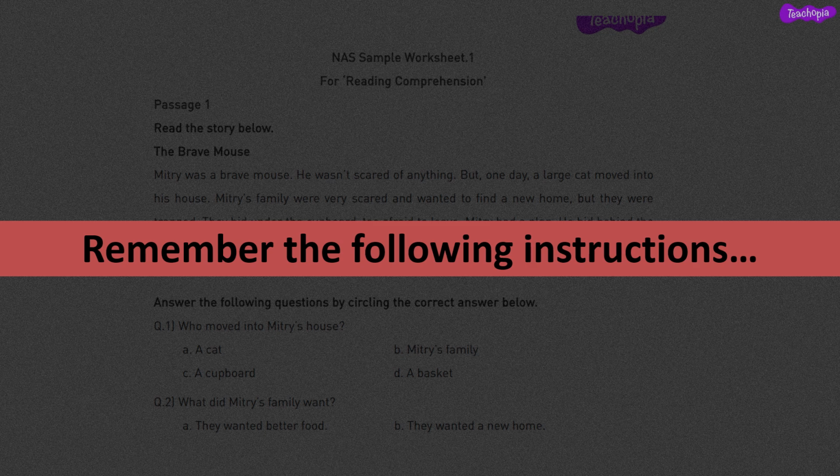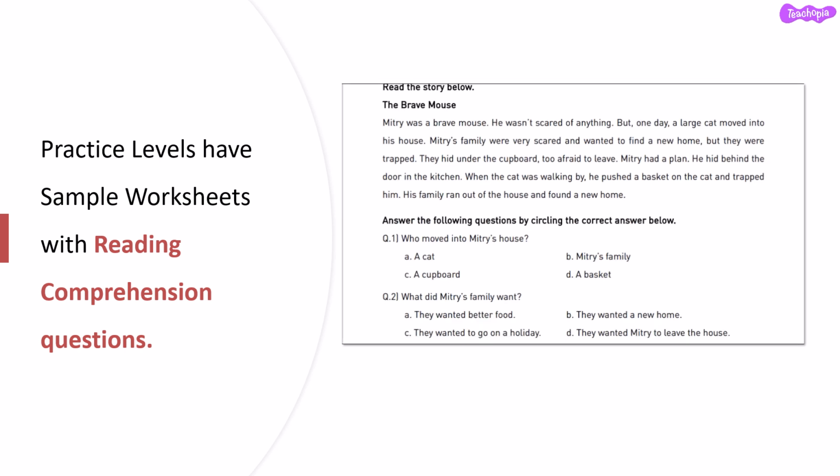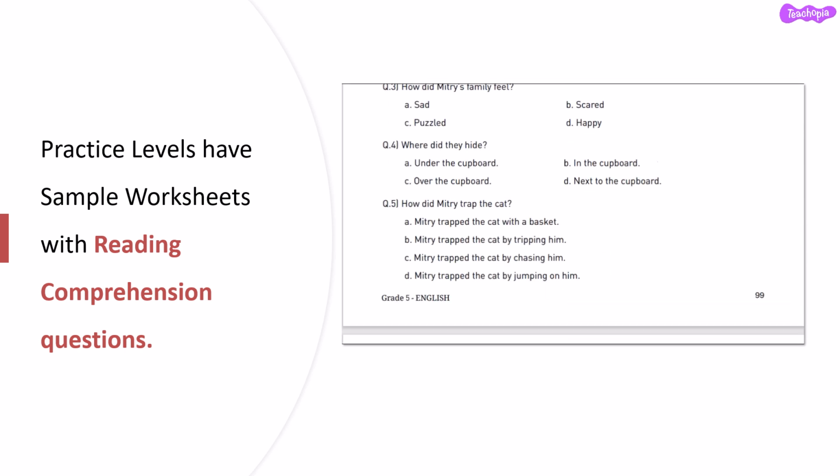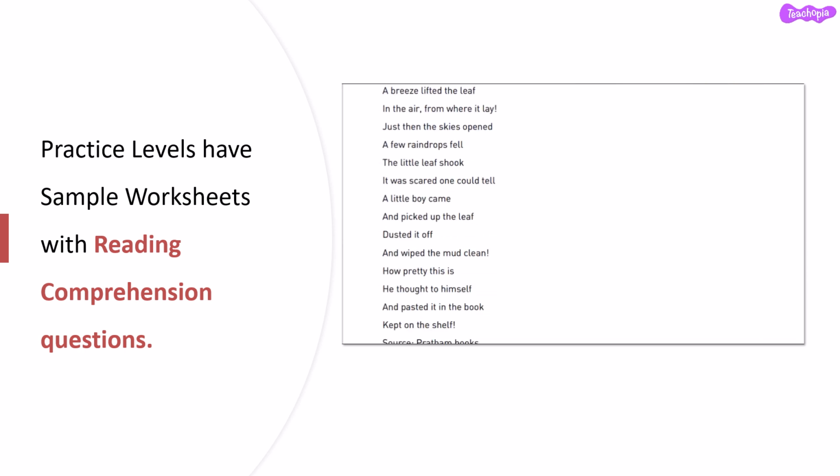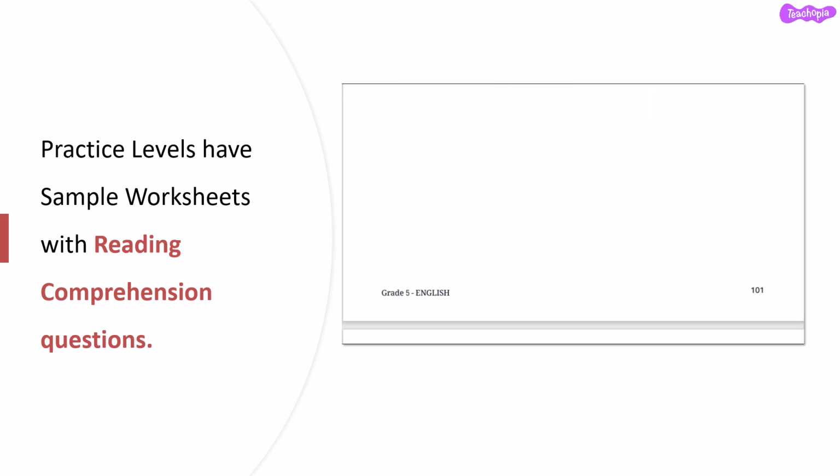Remember the following instructions while learners attempt practice levels 5 and 6. These levels include NAS sample worksheets that are designed based on previous NAS question papers, focusing solely on reading comprehension.